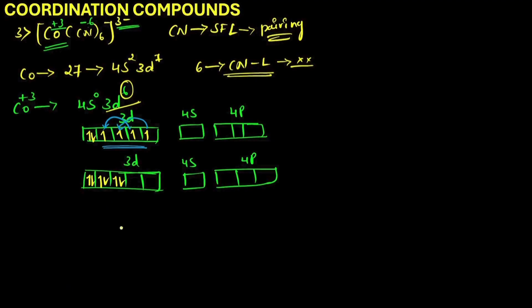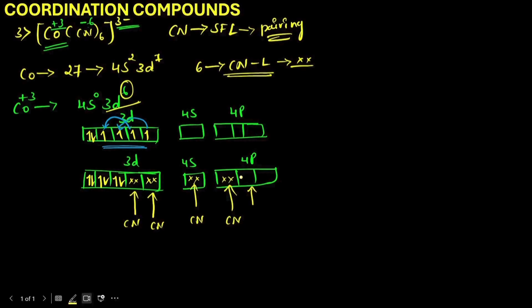So what happens? Here CN ligand donates 2 electrons. Here CN ligand donates 2 electrons. Here 2 electrons are being donated. Here 2 electrons, 2 electrons, and here 2 electrons.